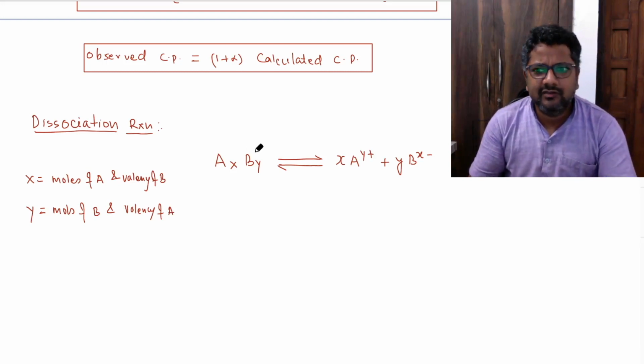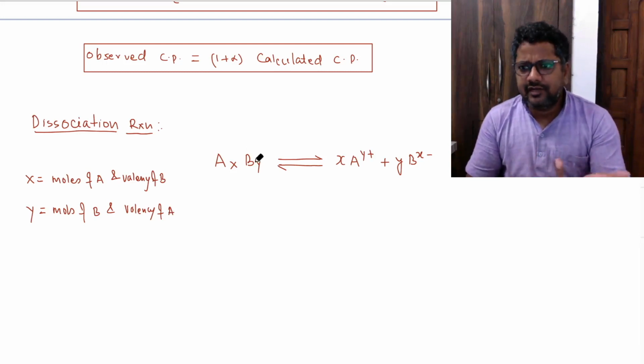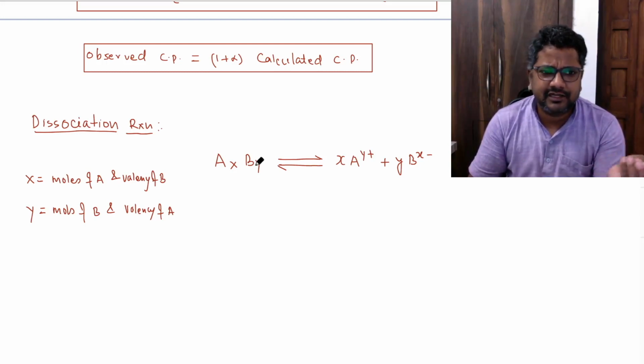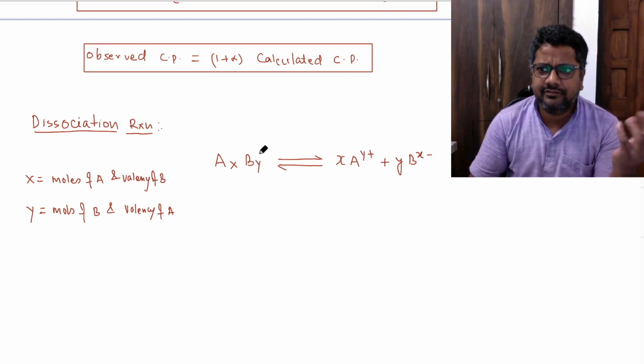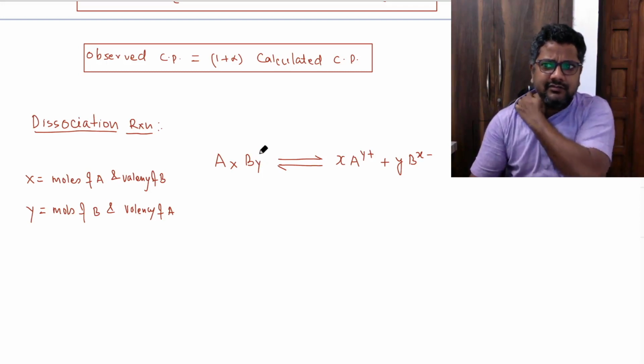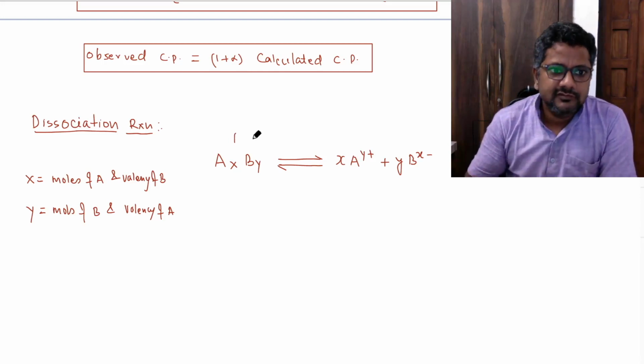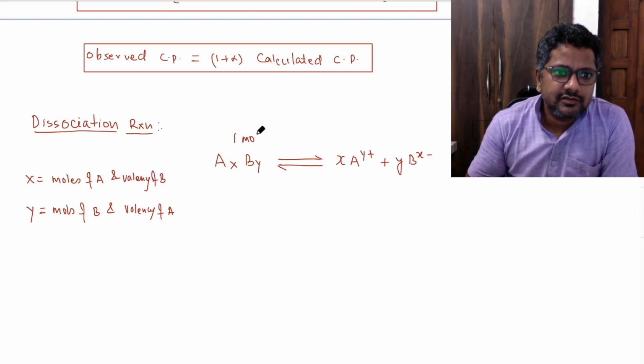So initially how many moles can we take? We are free to take 1 mole, because that will cancel out at the end, even if you take C moles per liter, or if the examiner has given some C moles per liter. So I am taking 1 mole, no problem, right? So 1 mole at t equal to 0, before mixing.